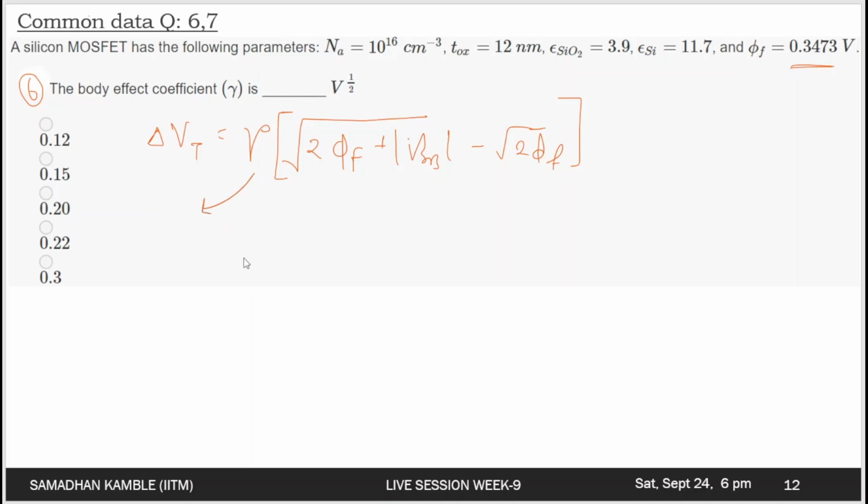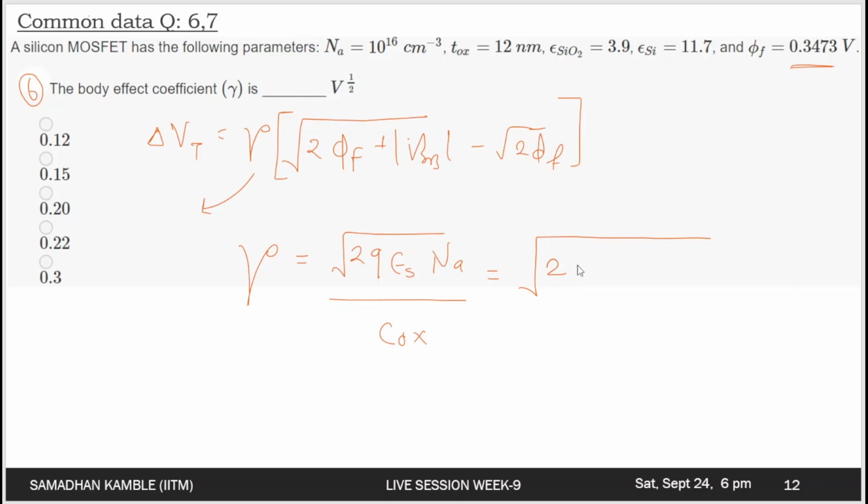We know that gamma is nothing but the square root of 2 times charge times the epsilon of silicon and Na, divided by the oxide capacitance. Just mere substitution again here.